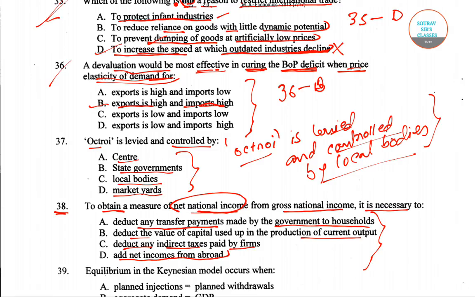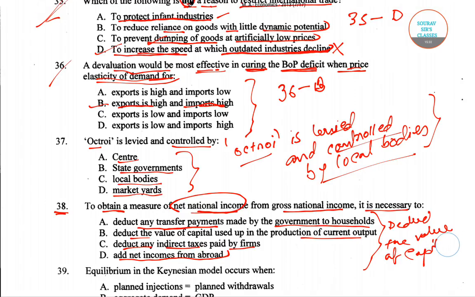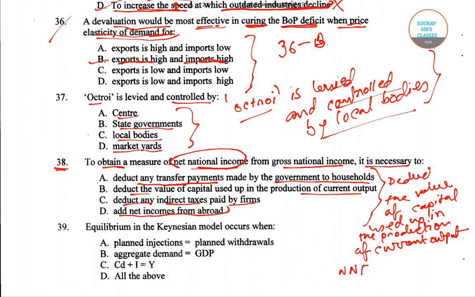We know that when we deduct the value of capital used up in the production of current output, we say NNP is basically GNP minus depreciation.